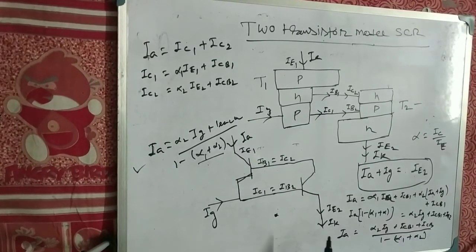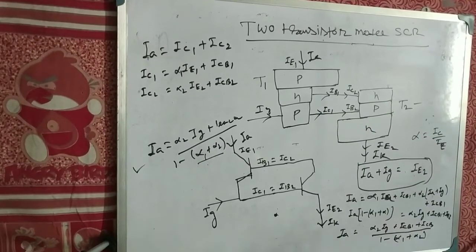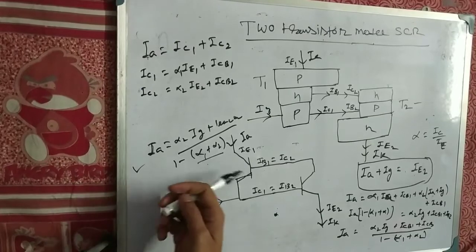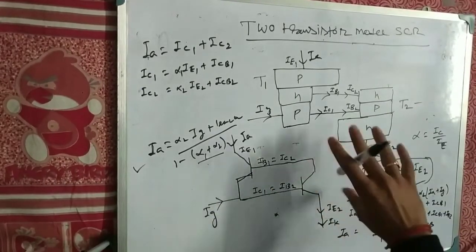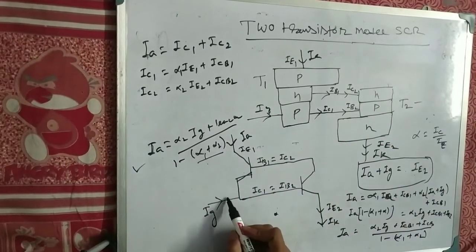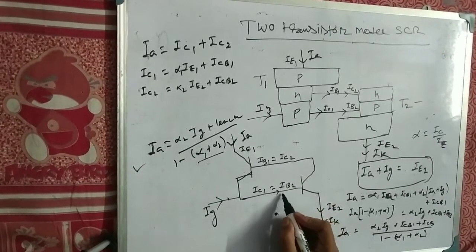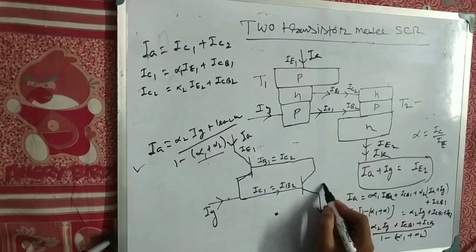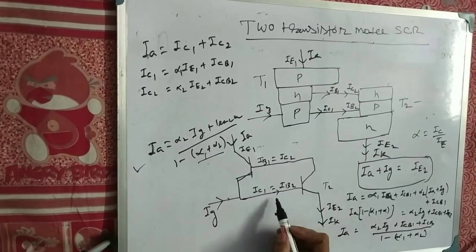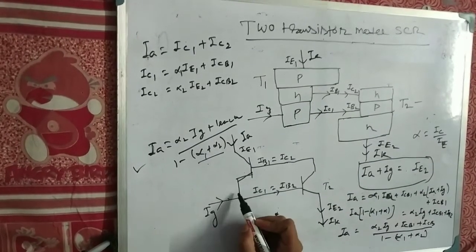So how can we limit the SCR current? By external load we can limit the SCR current. We can also see how gate current affects turning on the SCR. How? If gate current increases, the base current of transistor 2 will increase, because base current equal to how much?